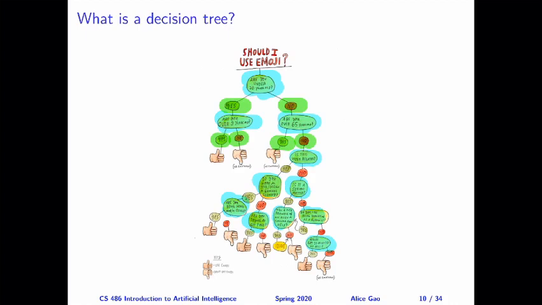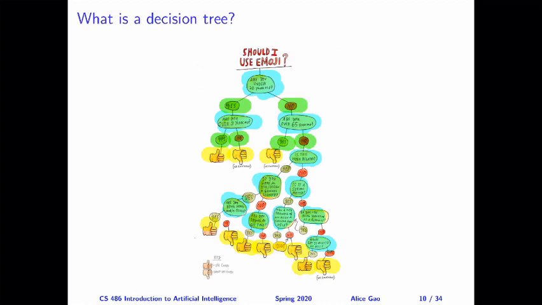Then we also have leaf nodes, which are represented by these thumbs up or thumbs down in this particular tree. Each leaf node is labeled with a value for the target feature, because eventually our goal is to decide which value of the target feature we should take.